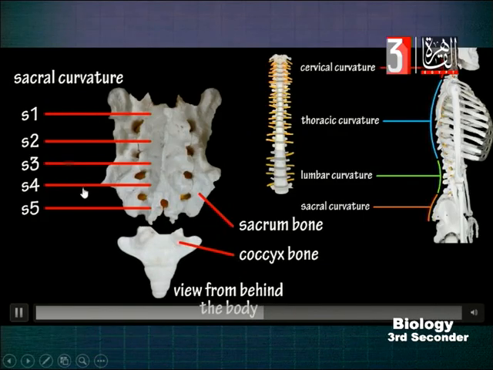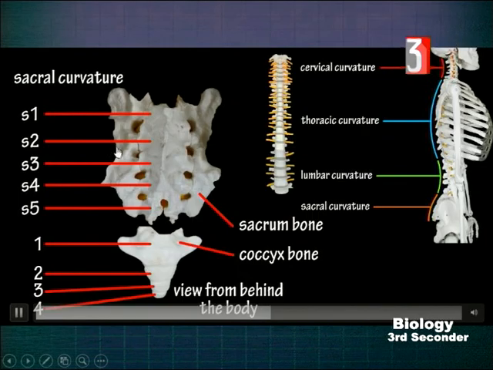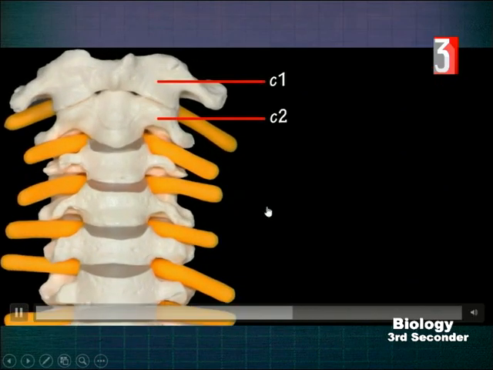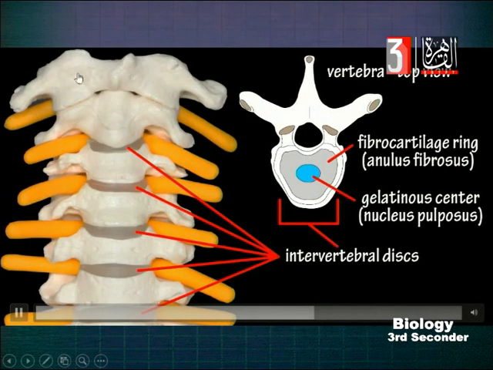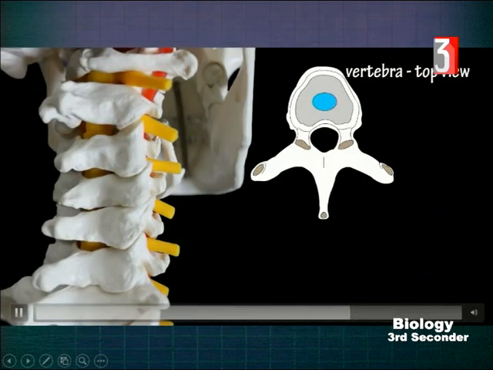But the sacral vertebrae are fused together, so they are counted as 1 bone. Also, the 4 coccygeal vertebrae are fused together and considered 1 bone. Cervical vertebrae differ in their shape. Number 1 differs from the shape of number 2, and both of them differ from the shape of vertebrae 3, 4, 5, 6, and 7.